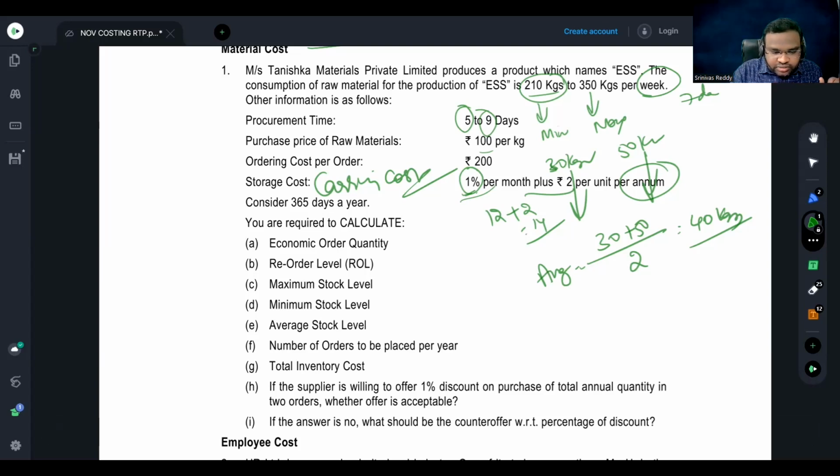So we would be doing, so let me open my notepad. One note.